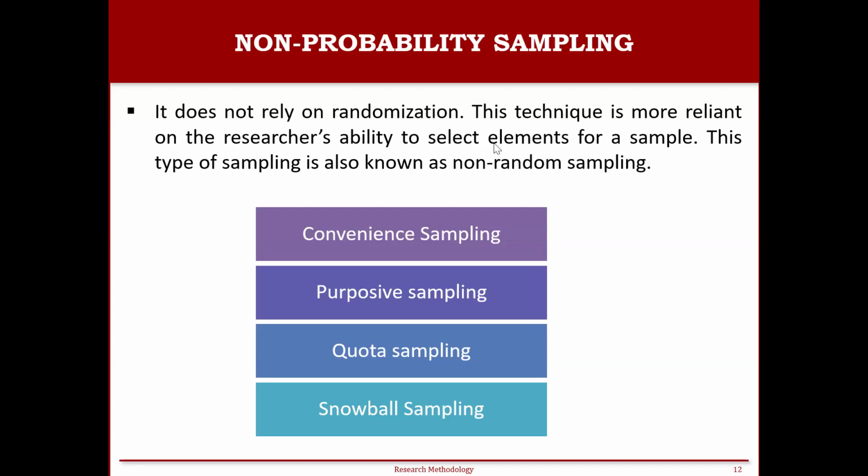And then we have purposive sampling. Purposive sampling means, or we can call it judgmental sampling as well. Purposive sampling and judgmental sampling are both the same. Here researchers select the individuals based on some specific characteristics or some specific purpose, right?